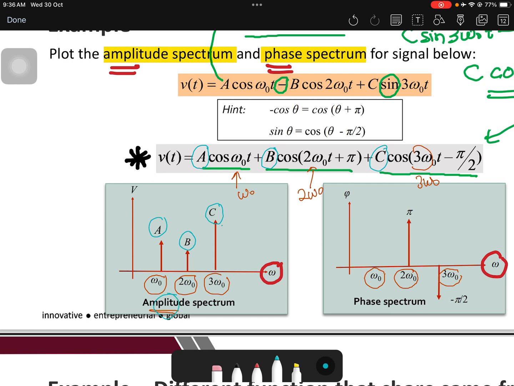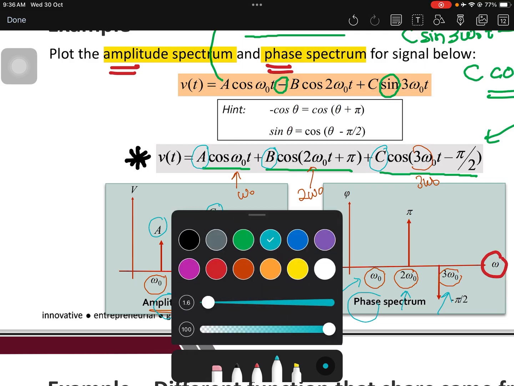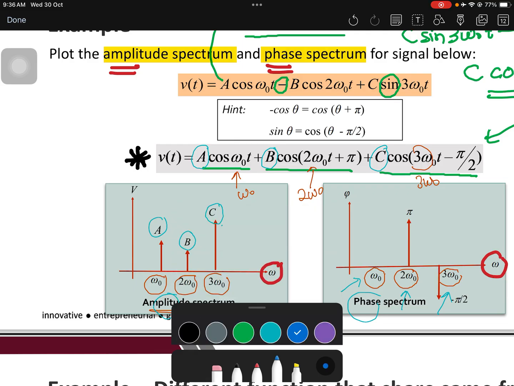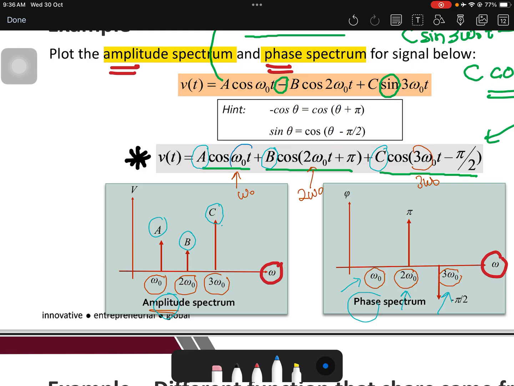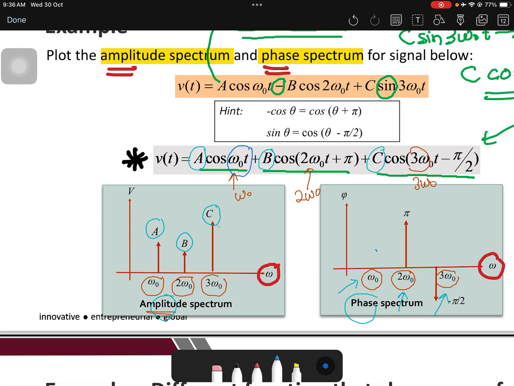So what about the phase spectrum? The phase spectrum means that the phasor is what matters, and you need to look at the first, second, and third components of your angular frequency. For the first component, since we don't have any phase angle, you just let it be.